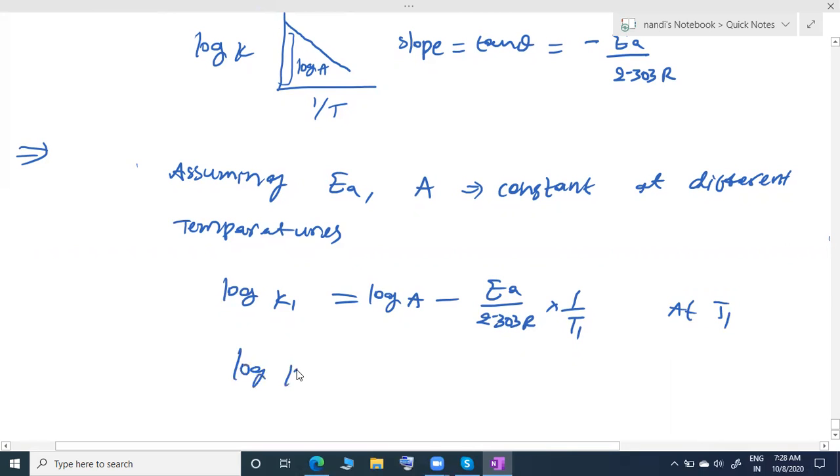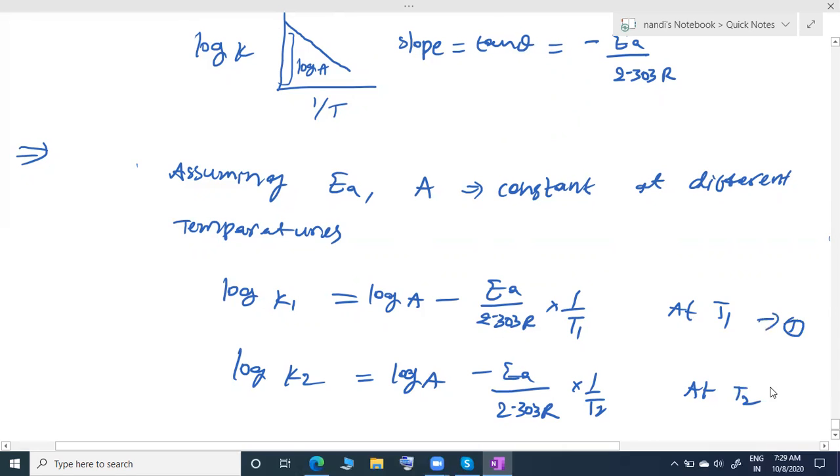Log K2 equal to log A minus Ea by 2.303 R into 1 by T2. This is at T2 temperature. So you can assume this is equation 1 and 2.